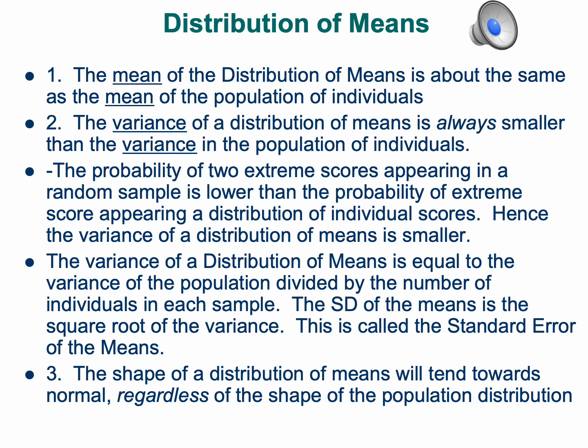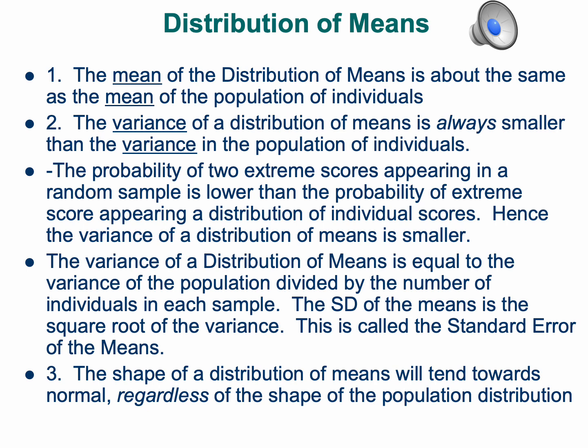Suppose I have a population of 10,000 school children, and I take a sample of 100 from that 10,000, well, it's very unlikely I'm going to pull out a very extreme score or a set of extreme scores. Probably I'm going to pull out a set of scores that are in the middle part of the range. So the variance of the distribution of means is smaller because it's very unlikely for me to grab extreme scores.